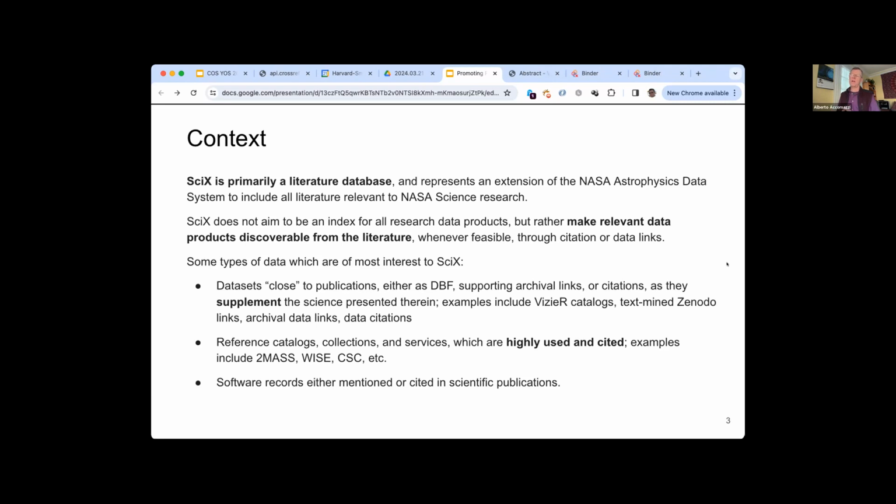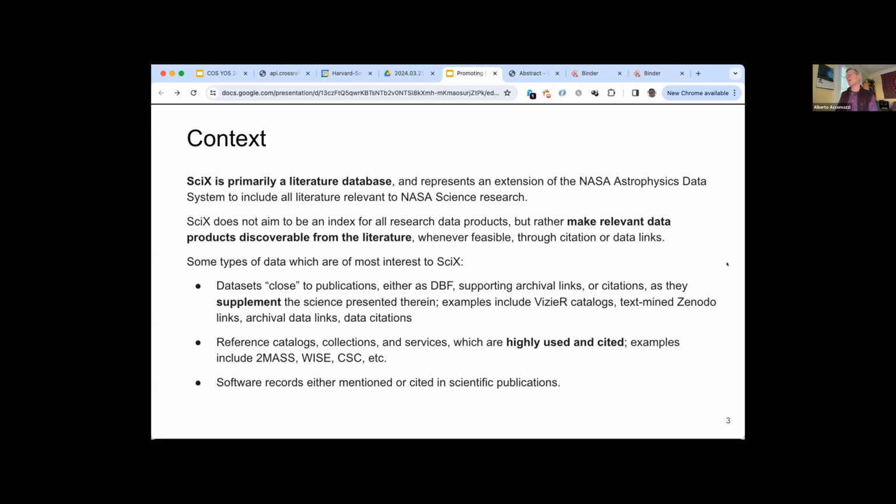Even though there are a couple of ways in which data products and software can become records in our system, we are very much interested in tracking these products as they relate to published scientific articles, versus becoming an all-out data repository where you can expect to find all data products related to, say, astrophysics research. That's not what ADS or SciEx are.